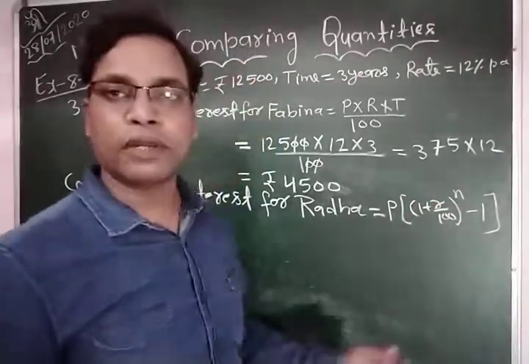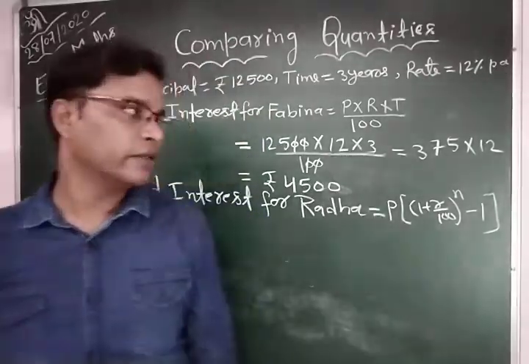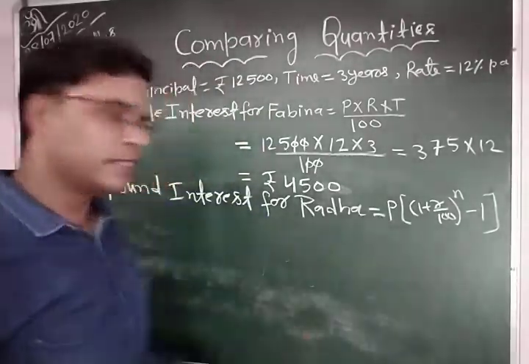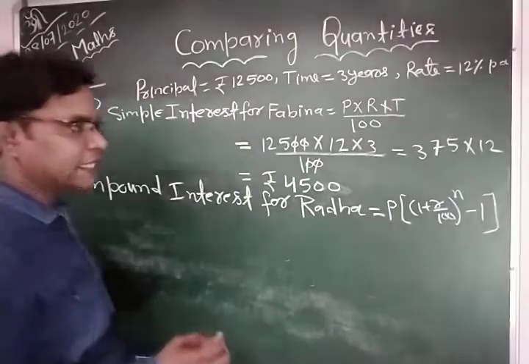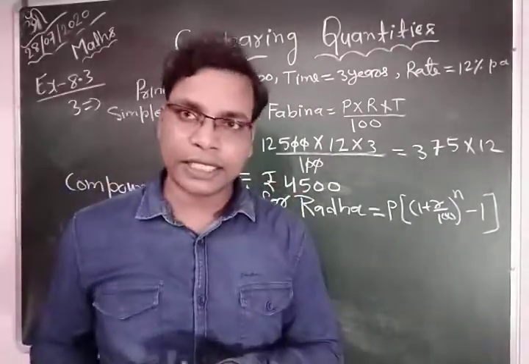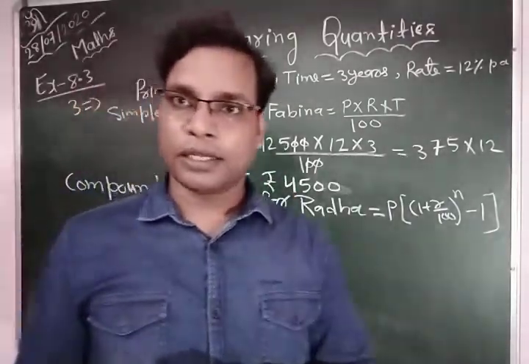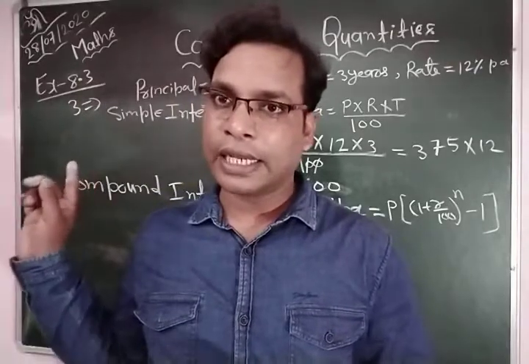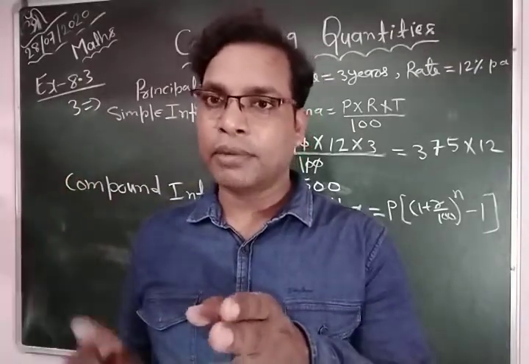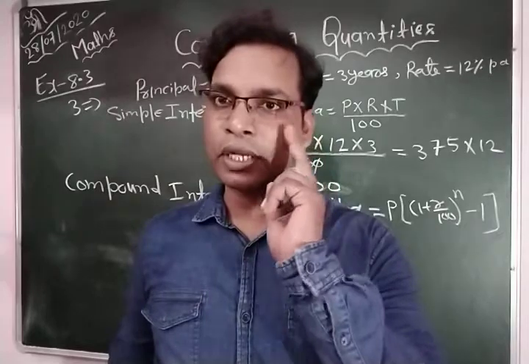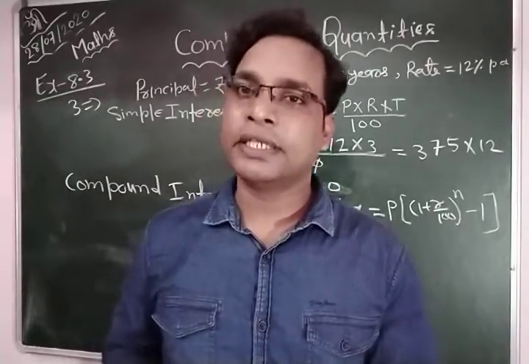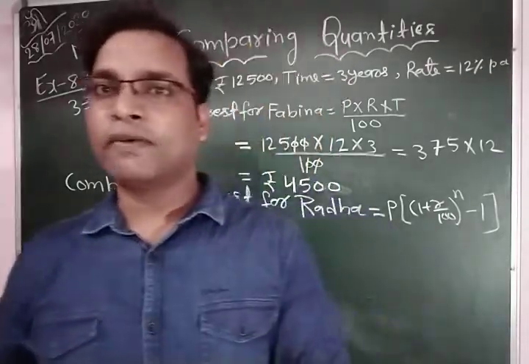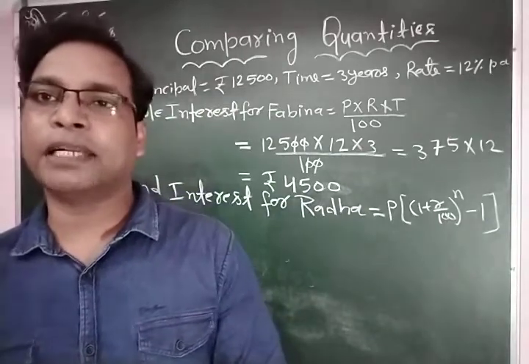In this way you can find compound interest. Okay, and in this compound interest, for Radha time is 3 years, principal is 12,500, but the rate is different. What is the rate for Radha? 10% per annum.